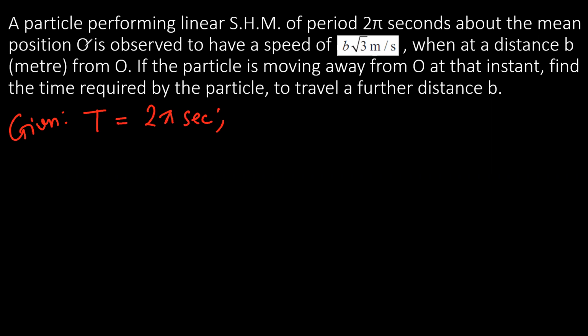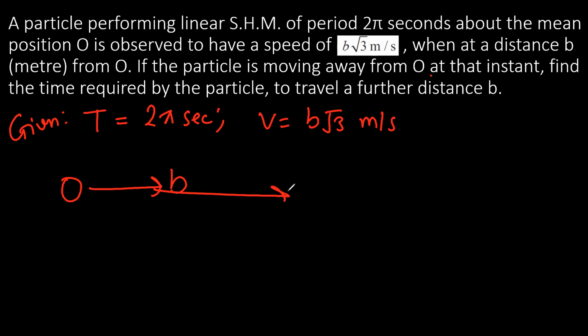About the mean position O, it is observed to have a speed of b root 3 meter per second when at a distance b from O. If the particle is moving away from O at that instant, find the time required for the particle to travel a further distance b.